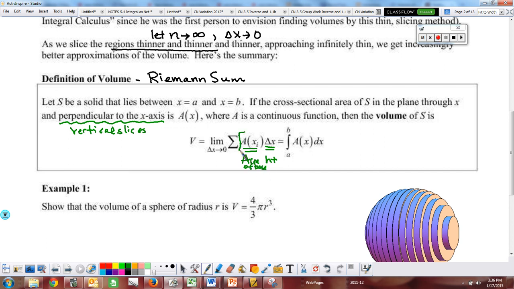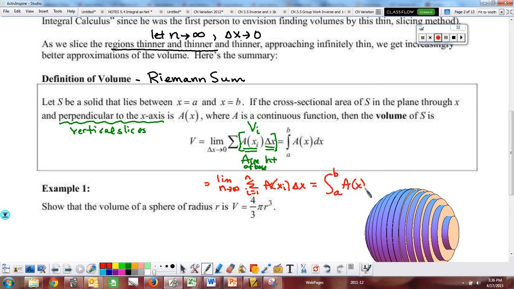We multiply those two, and remember this finds the volume of that one prism. We add up all the volumes. We can take the limit as delta x goes to 0, or an alternative way to write this, which is what we had done, we would take the limit as n goes to infinity of the sum, i equals 1 to n, of A of x sub i times delta x. And if you get this Riemann sum and add it up, just like before, this will become a definite integral.